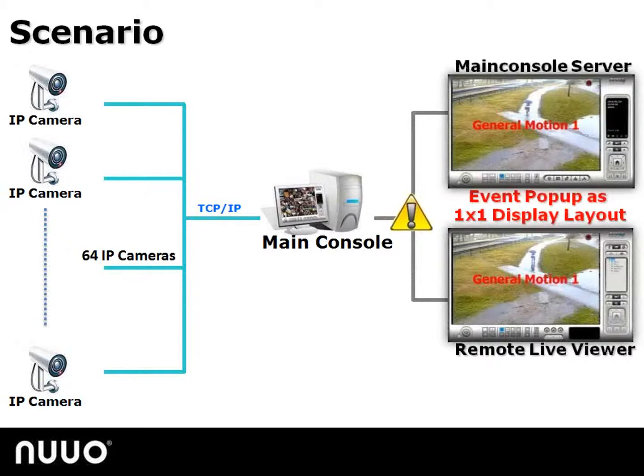Event pop-out to 1x1 display layout means that when the event happens, it will pop out to a 1x1 display layout to let the user know which channel has the event.